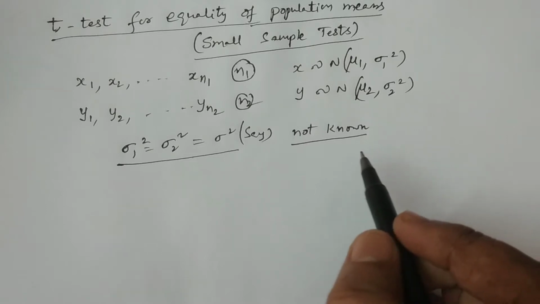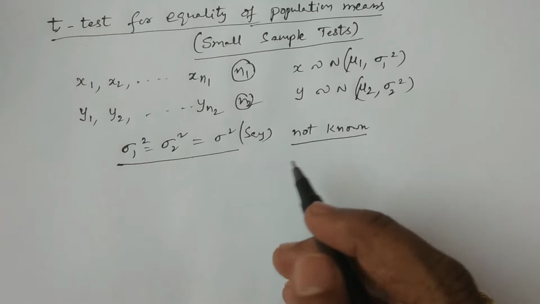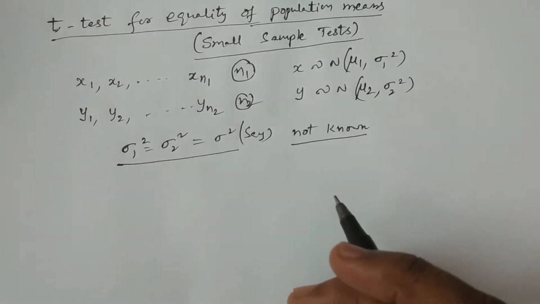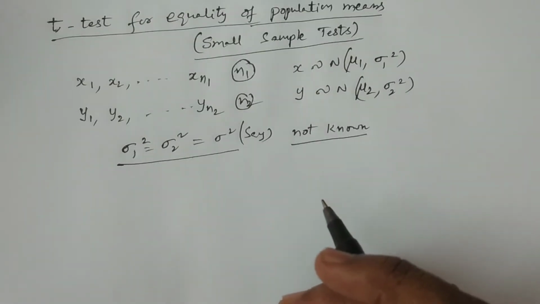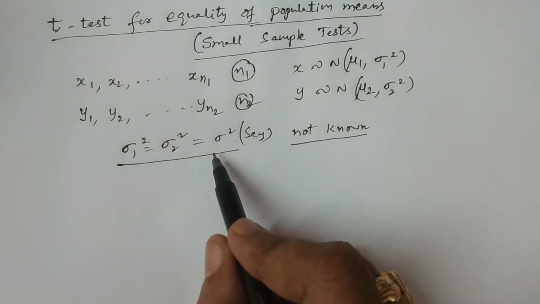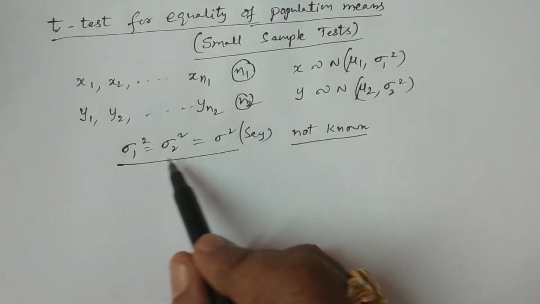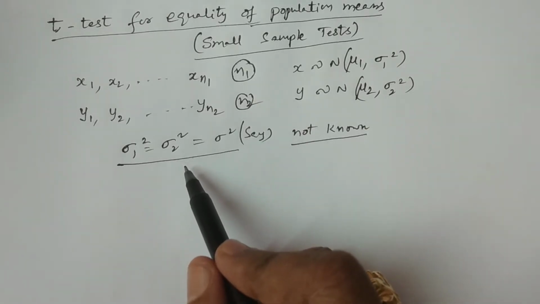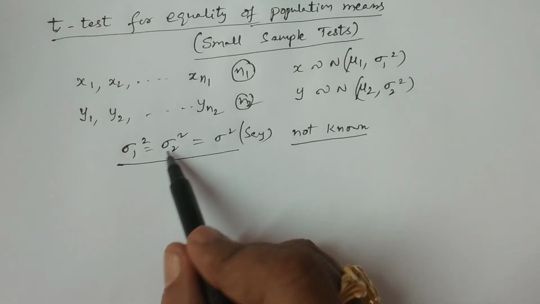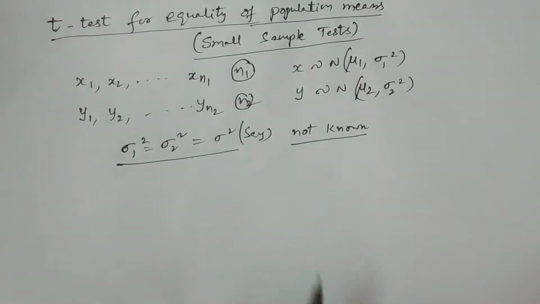Usually, a test for equality of variances is conducted first. We have another particular test called the test for equality of variances, because these are the population variances. Okay, leave the matter.